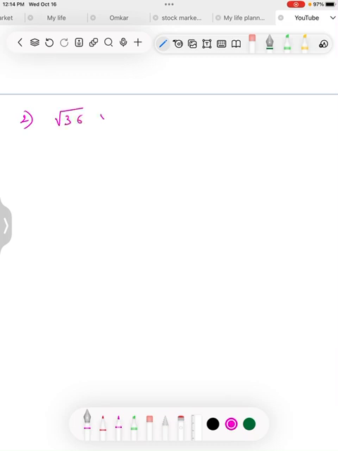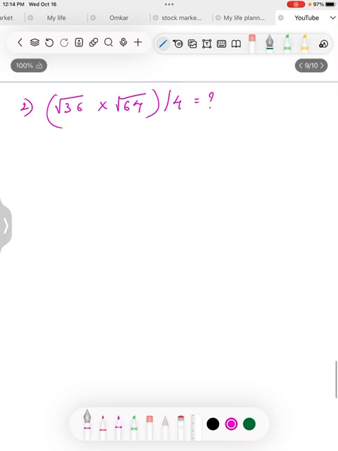Root of 36 into root of 64 divided by 4 is equals to question mark. So let us solve this question first. 6 into 8, we know what the square roots are, right? By 4.